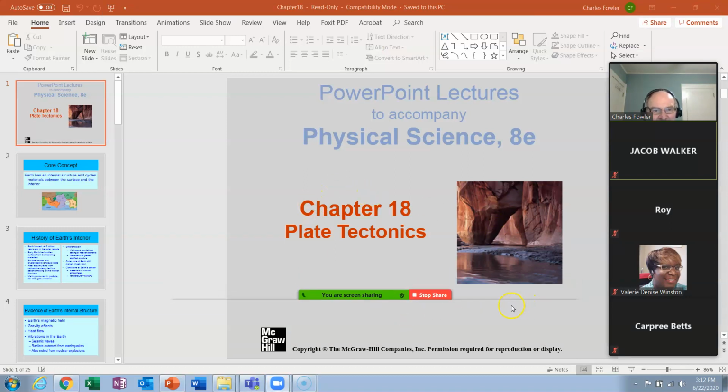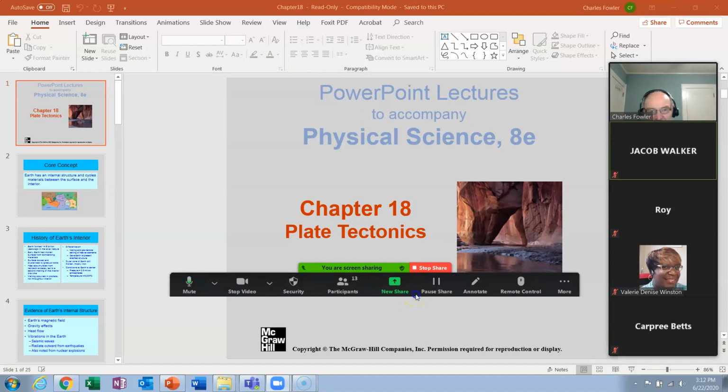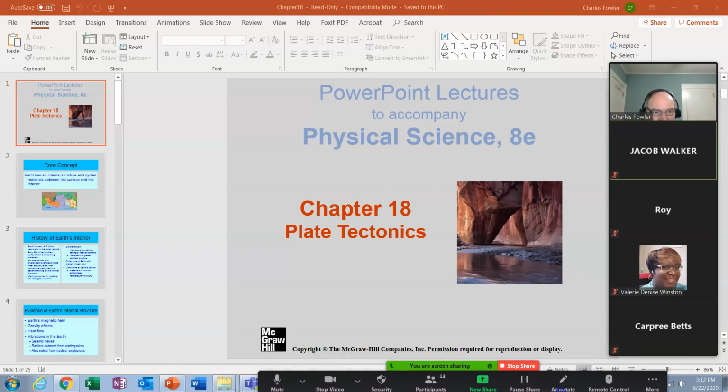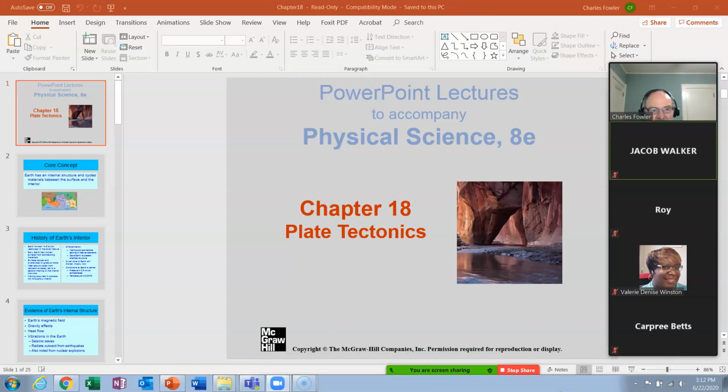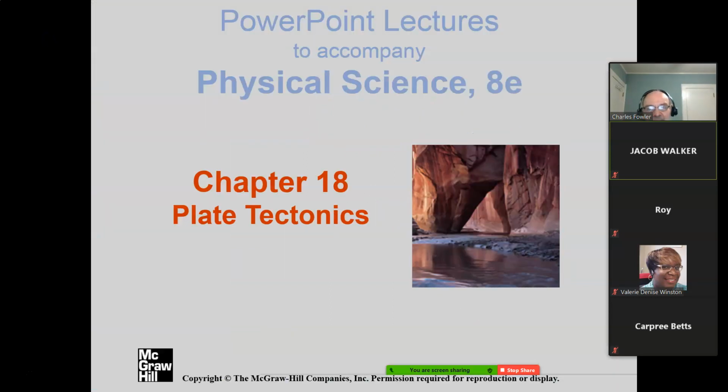It didn't disappear, but I do have to move these taskbars out of the way again, or at least one. Okay, my signal strength has reduced some too, so it may be due to weather. I don't know. All right, let's go from current slide. All right, chapter 18.